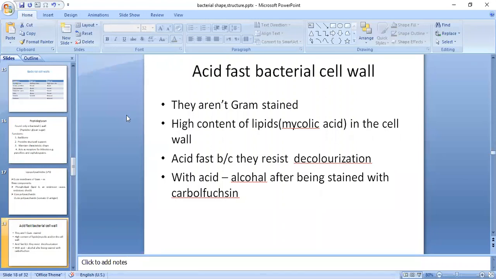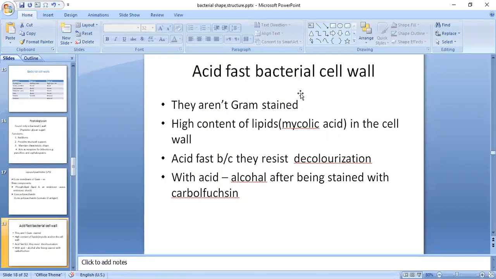They are different from gram-positive and gram-negative bacteria, and therefore they are not stained by the gram staining.